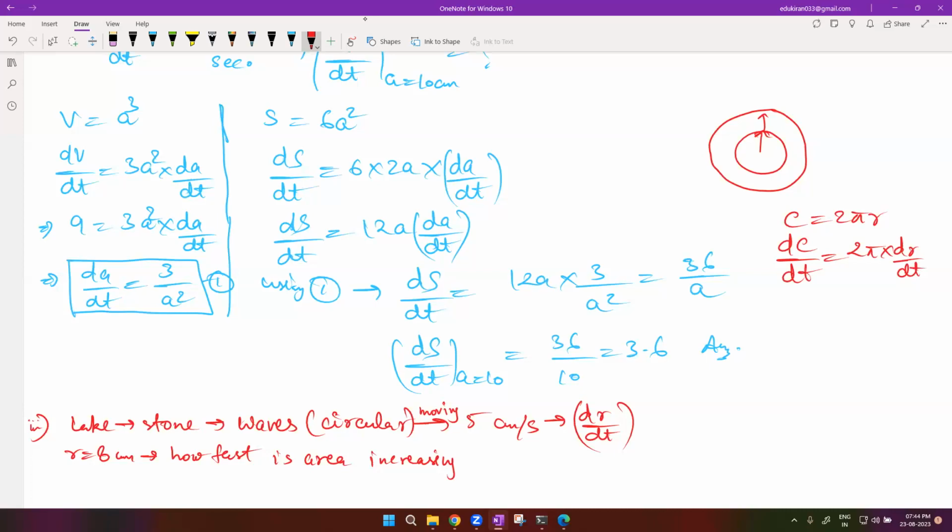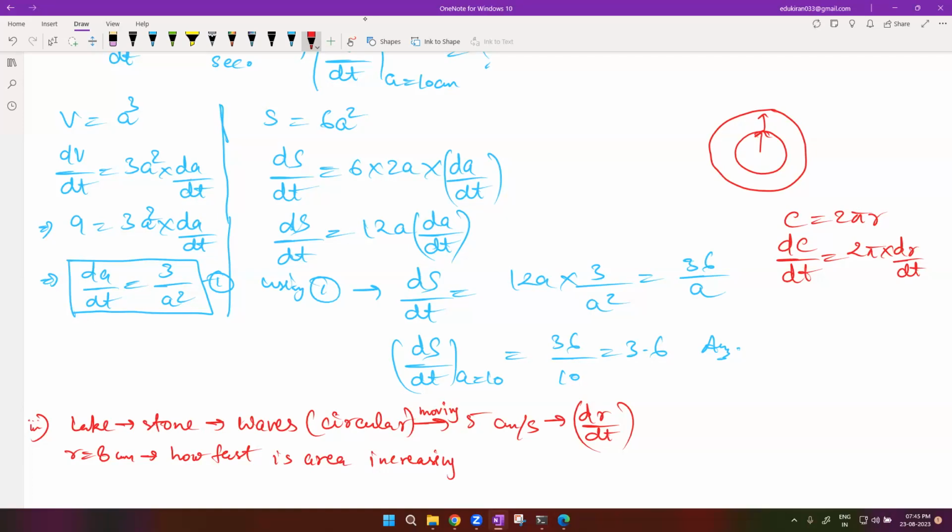The unit of rate of circumference will be the same as rate of radius. Don't get confused. If centimeter per second is given, it can be rate of change of circumference also, but in this case, this is definitely dr by dt. Rate of change of radius is given.